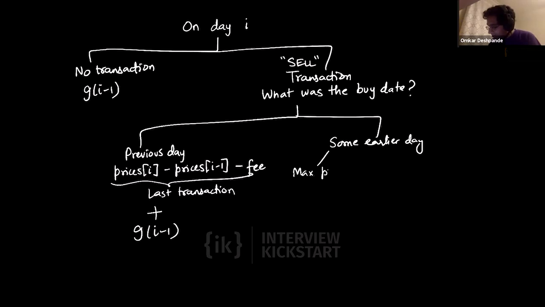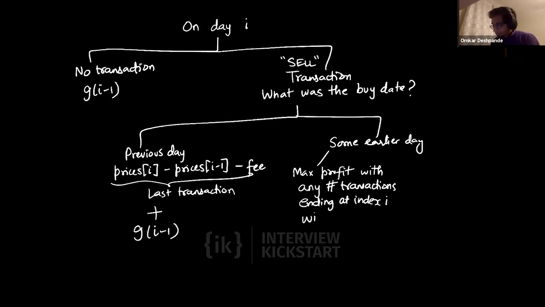Maximum profit with any number of transactions, ending at index I, but specifically with a sell event at index I. Sorry, not index I minus 1.